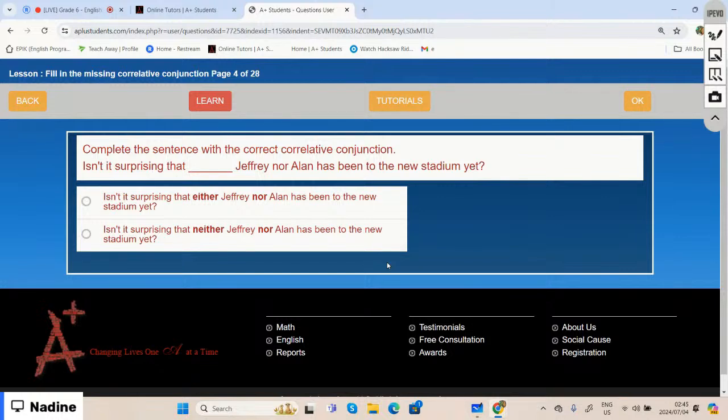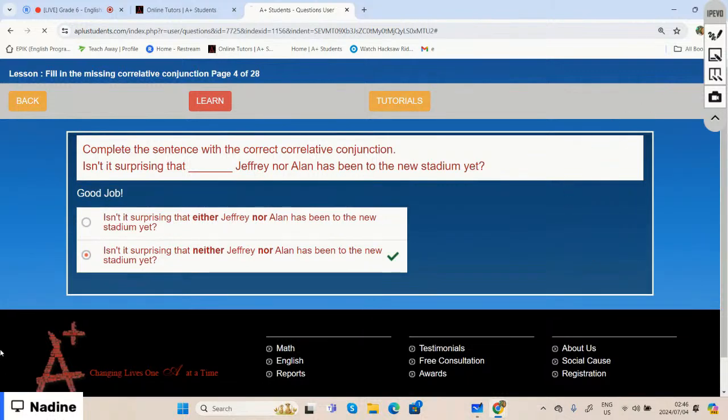All right, so it is option two because it's neither nor, and we say either or.